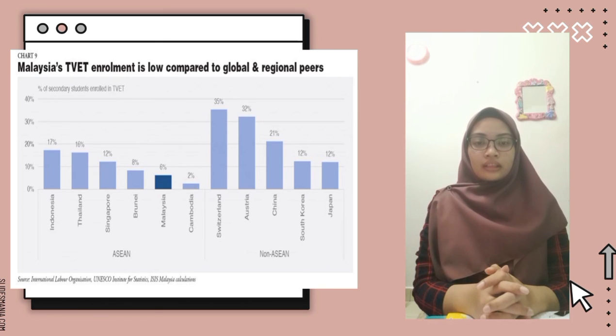Indonesia with 70%, Thailand with 60%, Brunei with 8%, and the highest one is Switzerland with 35%, Australia with 32%, China with 21%, South Korea with 70%, and the last one, Japan, with 70%. To solve the problem, Malaysia needs to improve the quality and enrollment of TVET for youth.